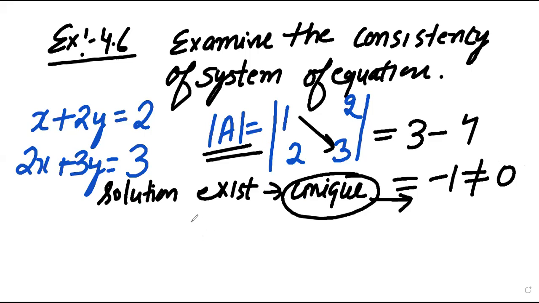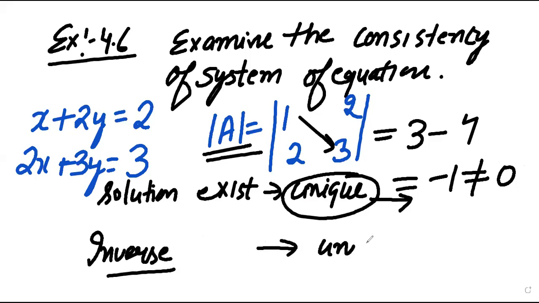So here the inverse of the matrix exists and it will give a unique solution. So is it consistent or inconsistent? The system of equations is consistent.